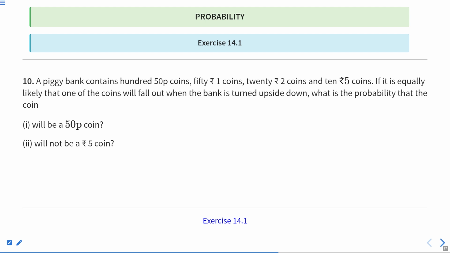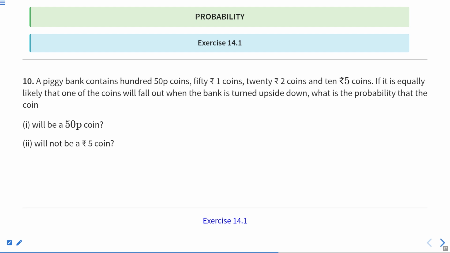In the next problem, we have a piggy bank that contains 100 50p coins, 50 rupees 1 coins, 20 rupees 2 coins and 10 rupees 5 coins.